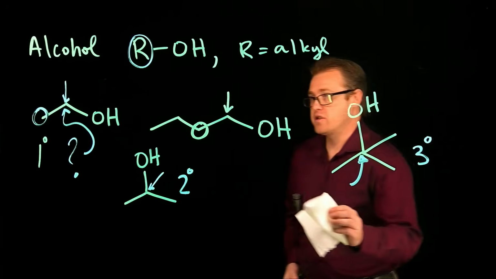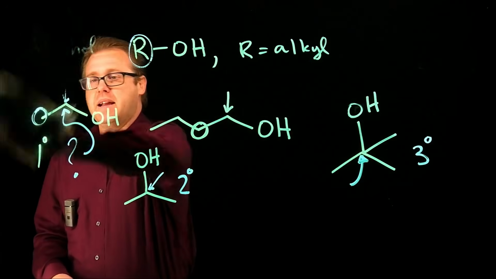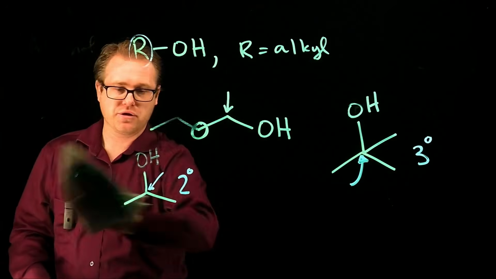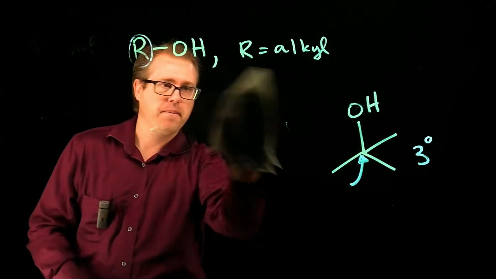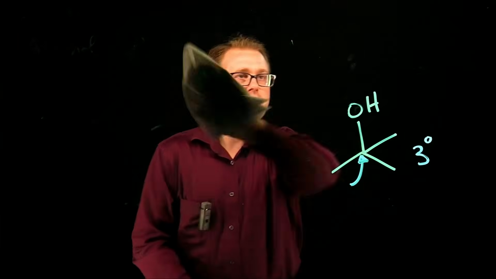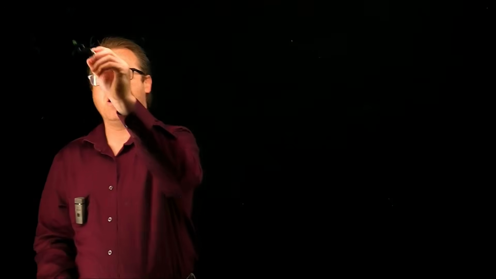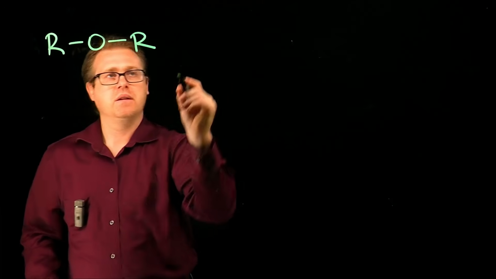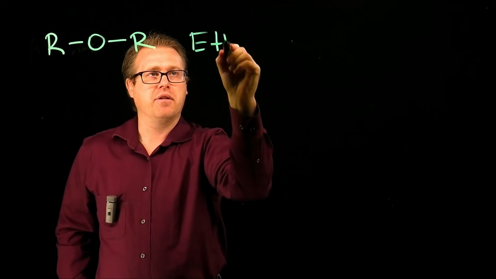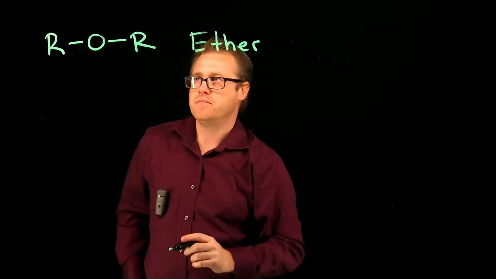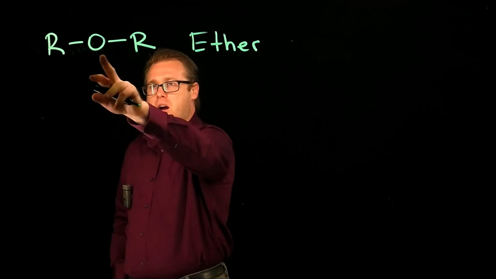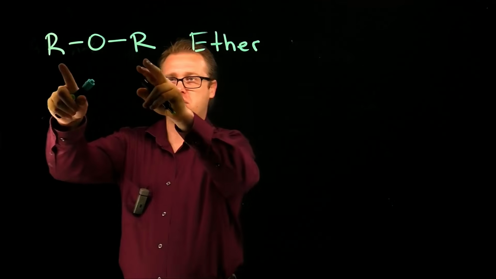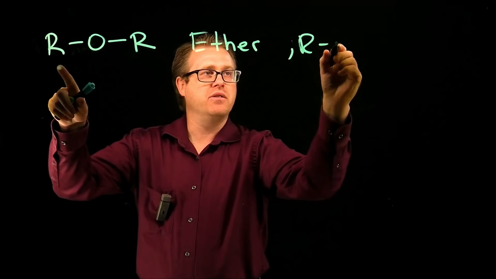So the next functional group that we want to take a look at is called ethers. An ether also has an oxygen atom. And this is an ether, where you have an oxygen atom sandwiched between two alkyl groups.